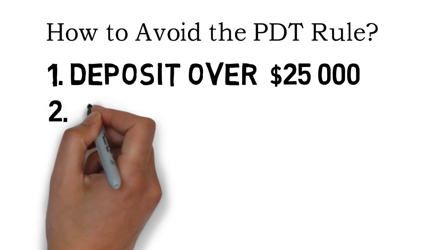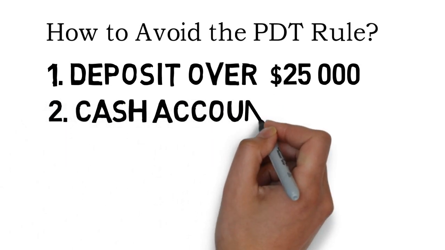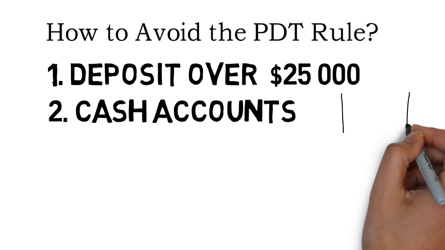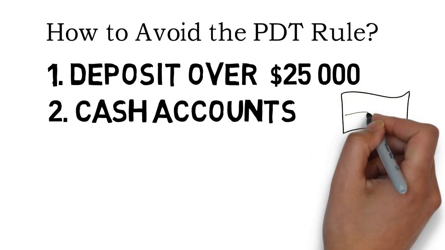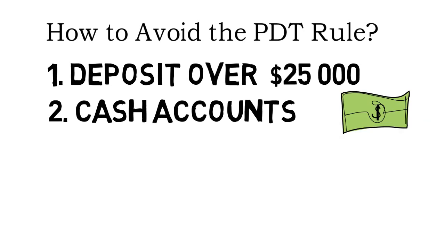The second way to avoid the PDT rule is using cash accounts. The PDT rule only applies to margin accounts. So if you have a cash account, the PDT rule won't apply to you. However, cash accounts have some other limitations. For instance, you have a reduced buying power in cash accounts.